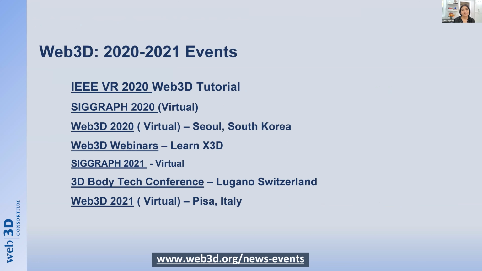So 2021 events, these are some of the 2020 and 2021 events. We always go to SIGGRAPH, and then we have the Web3D conference, and our members go to other conferences, and that's how we try to outreach and engage with the different domains within the 3D world.